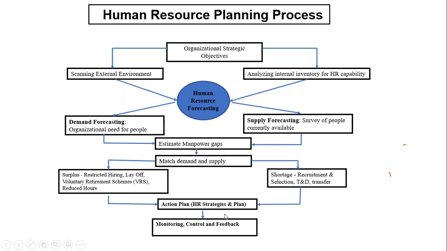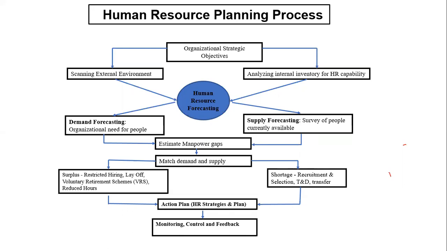Because the relationship between the last stage, which is monitoring, control, and feedback, and the action plan or the various strategies you implement to mitigate the outcome of demand and supply forecasting is back and forth. We say the human resource planning process is continuous and it is not a one-time managerial activity.